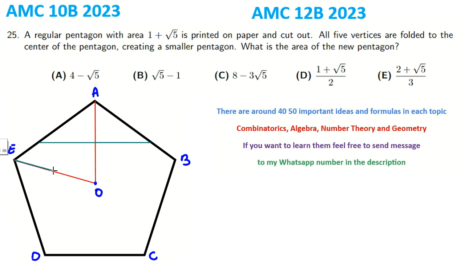If we consider the perpendicular bisector, it will be around this one, and we can create a line like this. Next green line.